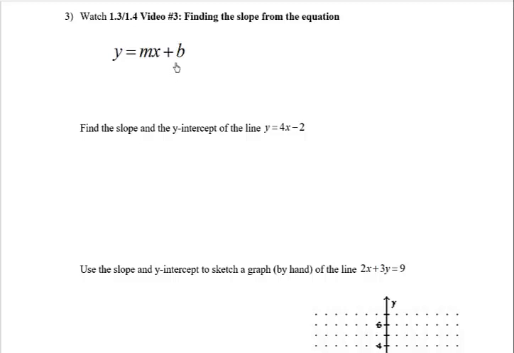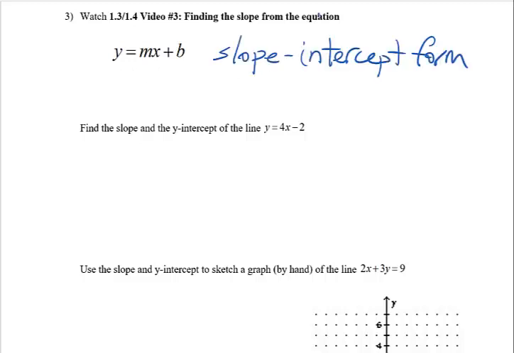We said last time that any equation that is written in this format is always a line, and in fact we have a name for this particular format. It is called the slope-intercept form of a line. The reason for that is that the slope as well as the y-intercept are right there staring at us when we have an equation in this format.